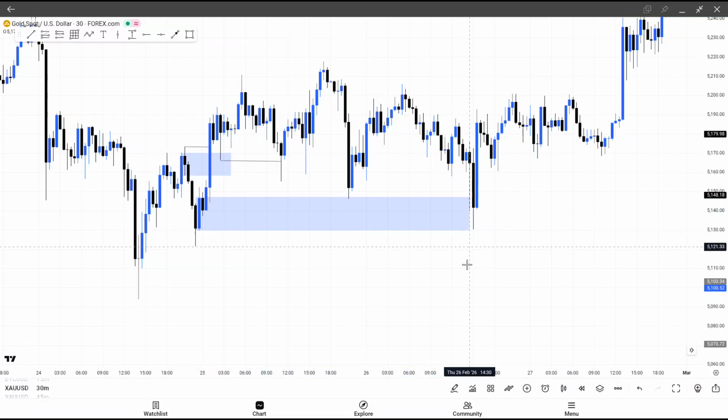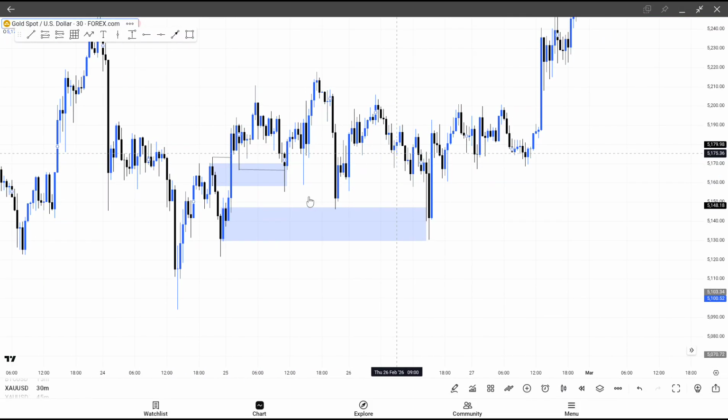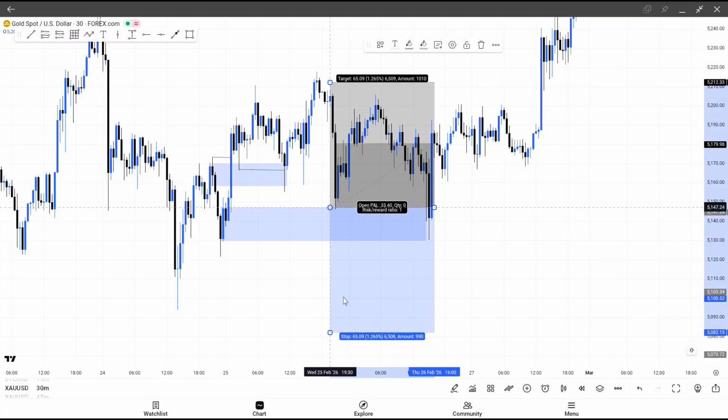So what is the point of interest that we are taking? We are taking the point of interest that is unmitigated, and at the same time it is the one nearest to the inducement. This breaker block has been mitigated, so the point of interest nearest to that inducement is this order block. So we are taking our bias in this order block.